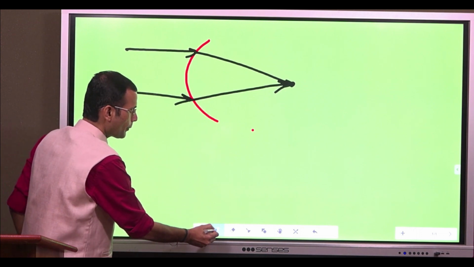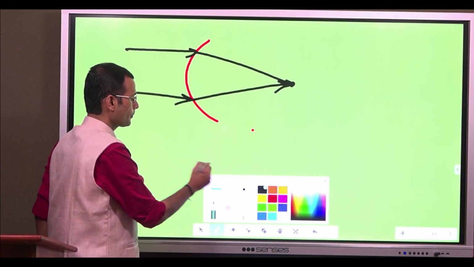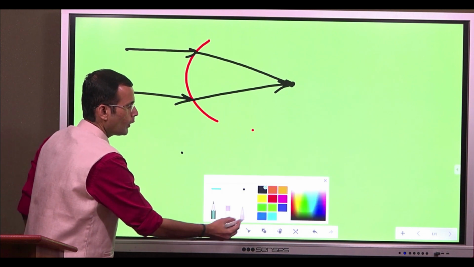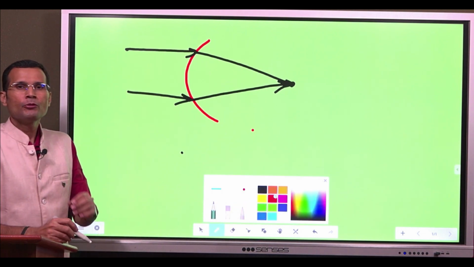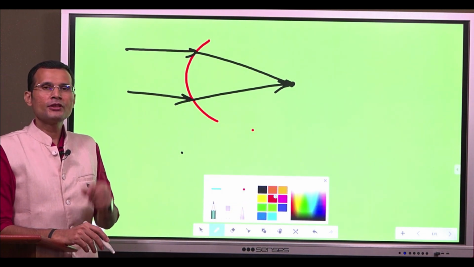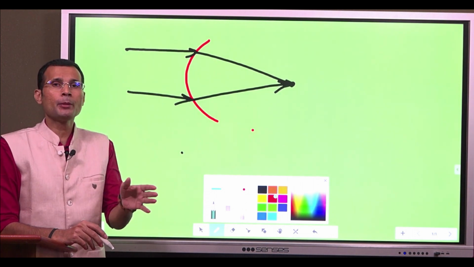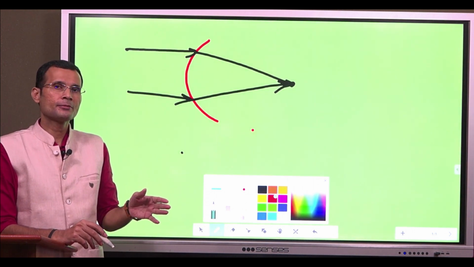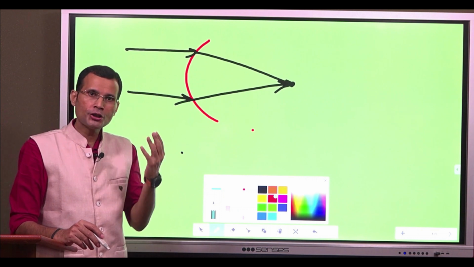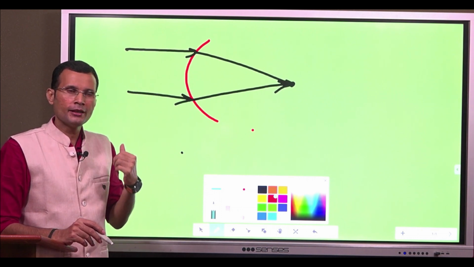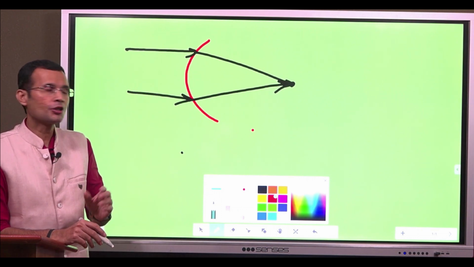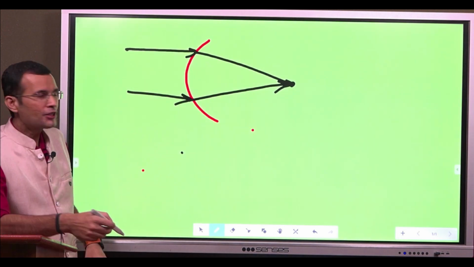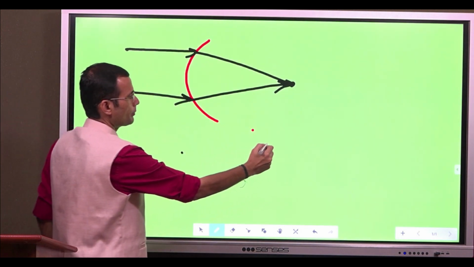Now, what happens in an astigmatic eye? Very commonly it is described as egg-shaped cornea or lens. It can be for the cornea or it can be for the crystalline lens. Egg-shaped cornea. You can imagine, egg-shaped.